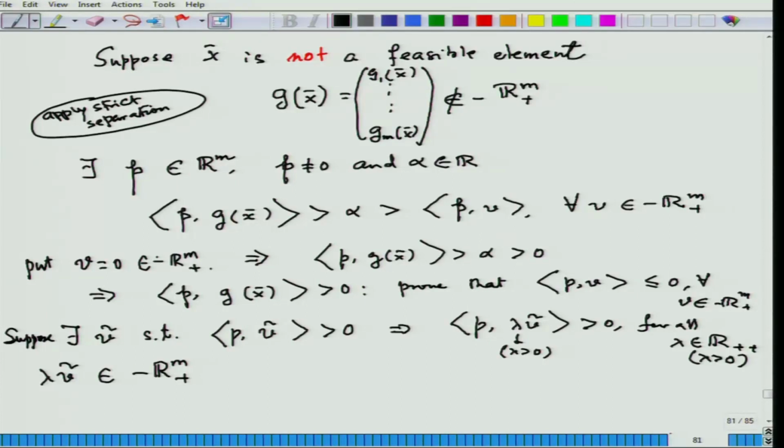So, there exists lambda naught such that for all lambda bigger than lambda naught, P of lambda v tilde is strictly bigger than alpha, which is a contradiction because it breaks this fact.